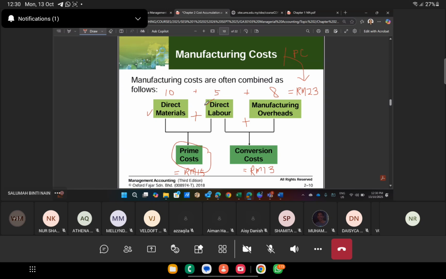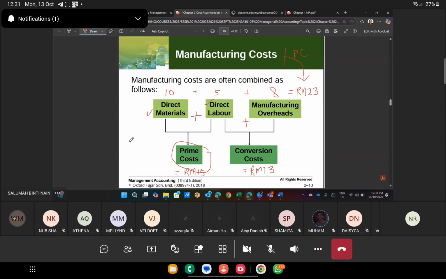Why? Because you must be able to identify product cost, number 1. You are able to identify the period cost, that is number 2. And then you are able to calculate the product cost based on all the classification of the cost. So what is prime cost? Prime cost is direct material plus direct labor. What is conversion cost? Direct labor plus manufacturing overhead.